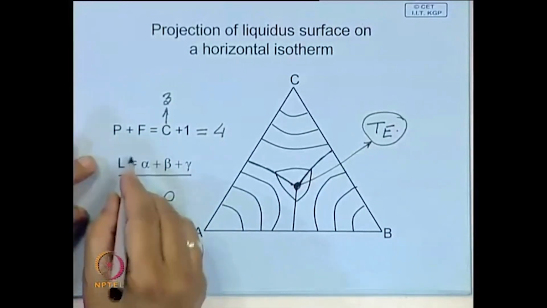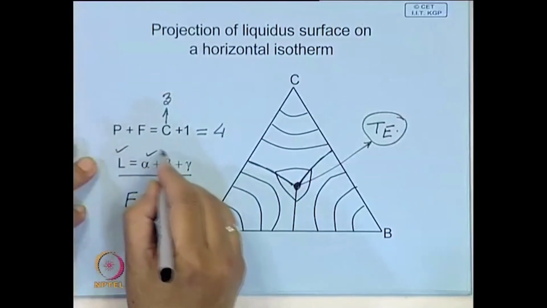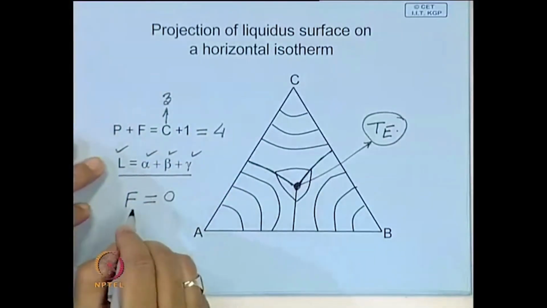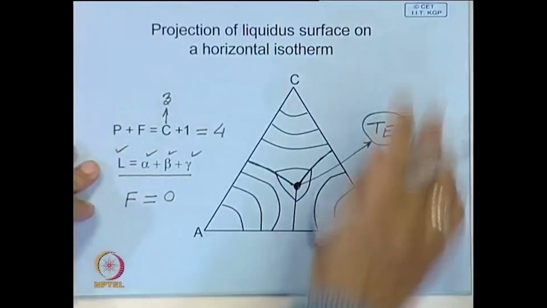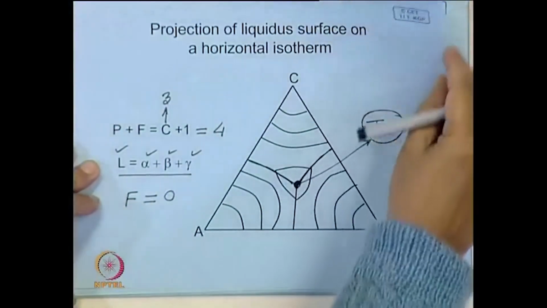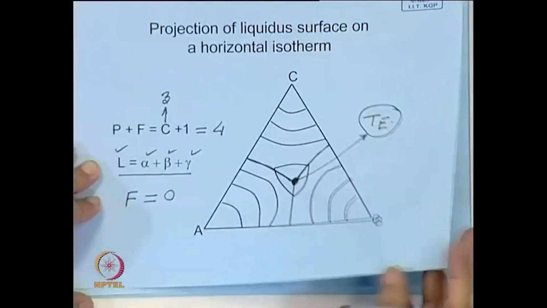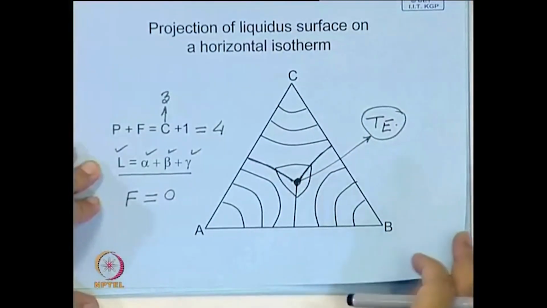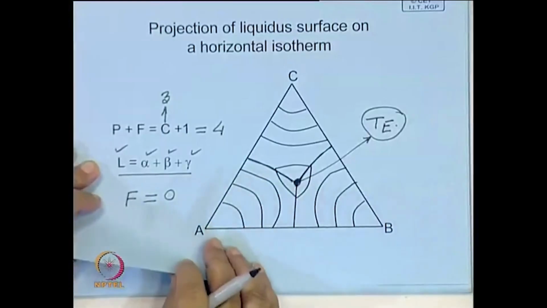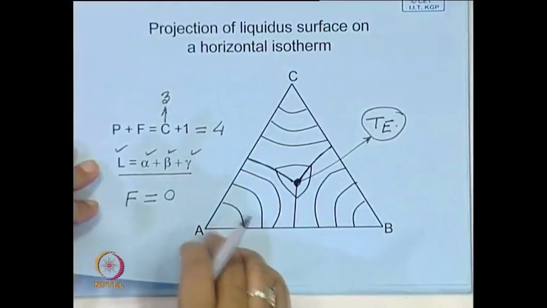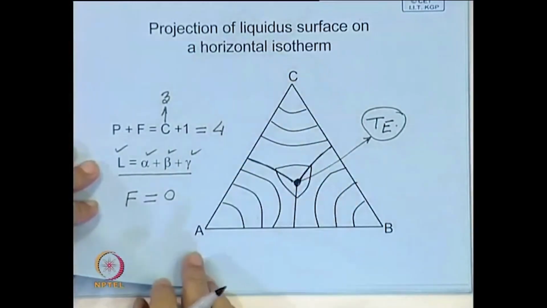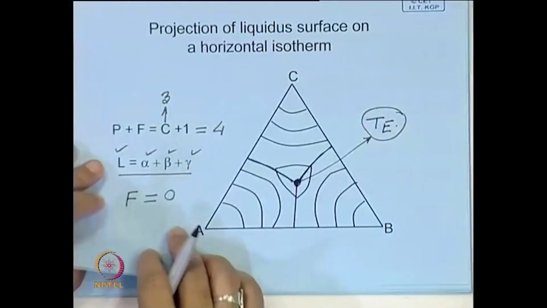That means the composition of the liquid and each of these solid phases will be fixed. Later on we will solve a simple problem to show how to find that eutectic temperature, assuming the liquid solution to be ideal and assuming there is no solubility in the solid state.